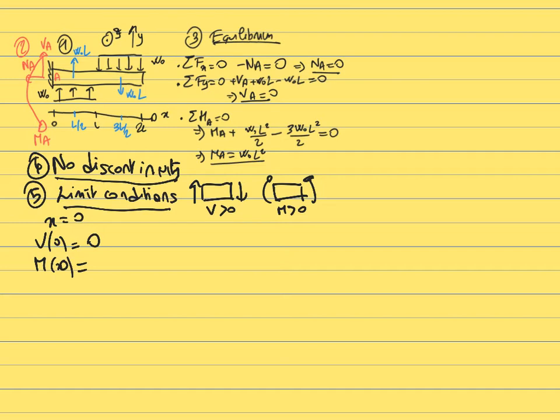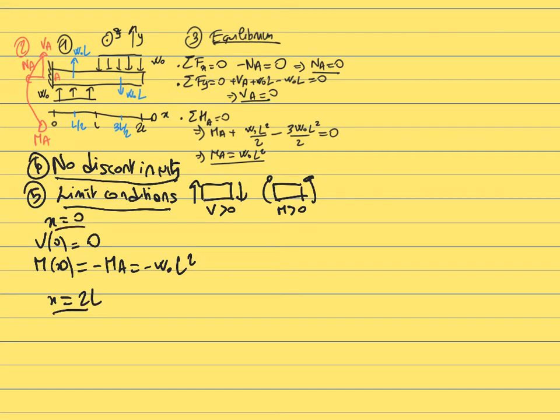MA is a clockwise moment that is applied on the left, while we were expecting on the left side to have a counterclockwise moment for the positive convention. So the moment at 0 is minus MA because MA is not expressed with the right sign convention that we were expecting for the internal moment, which means that the moment at 0 is equal to minus W naught L square.